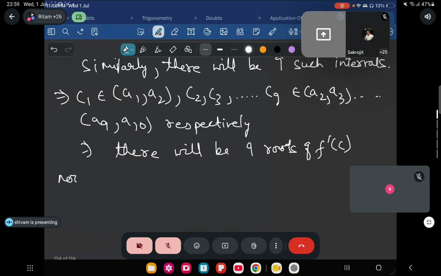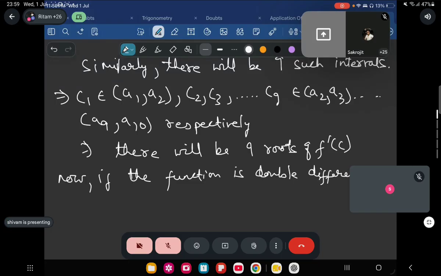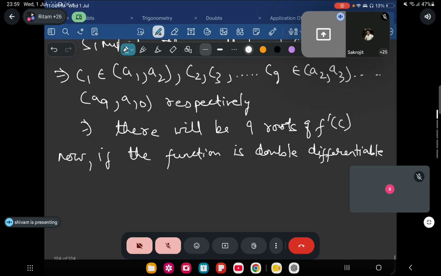Now, if we say that the function is double differentiable, then f dash x is equal to 0 at 9 points, right?